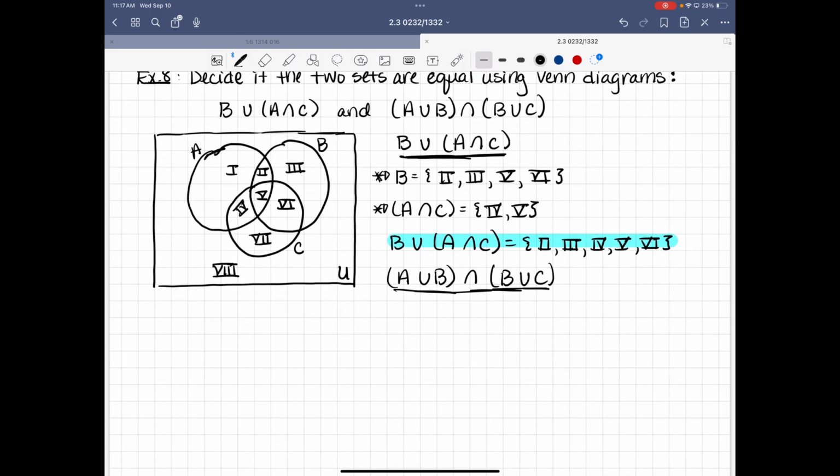So the first thing I'm going to write is A union B equals. A union B, I write down everybody that's in A and everybody that's in B. 1, 2, 3, 4, 5, 6.